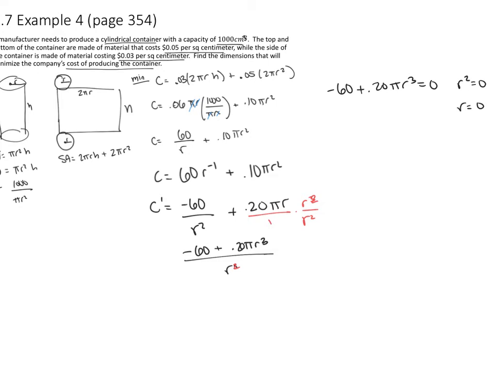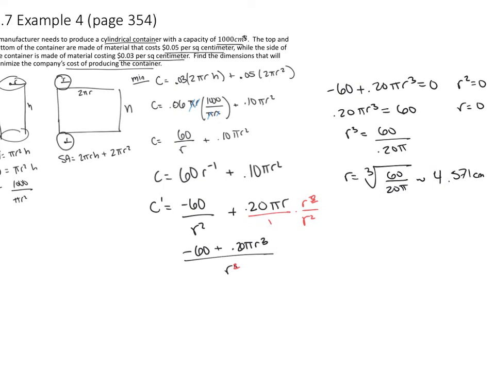Or we could have a radius of, let's see, 20 pi r cubed equals 60. 60 over 20 pi. Then r will be the cubed root of 60 over 20 pi, which is about 4.571 centimeters.